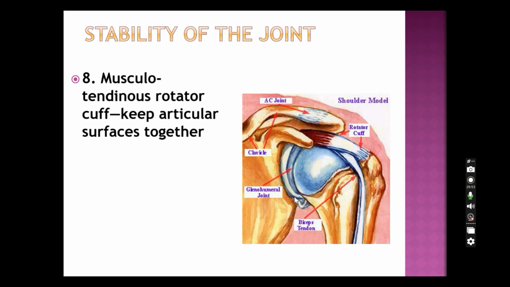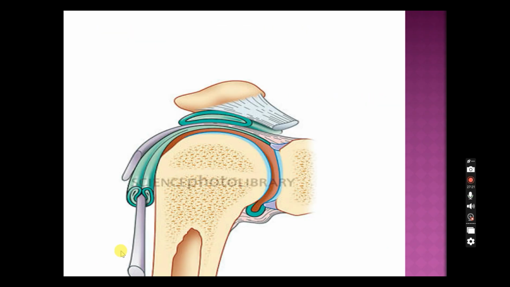Towards their insertion, the individual tendons get flattened and unite with each other to form a continuous structure, and they partly fuse with the shoulder joint capsule. Thereby it prevents the separation of the head of the humerus from the glenoid cavity, increasing the stability of the shoulder joint.